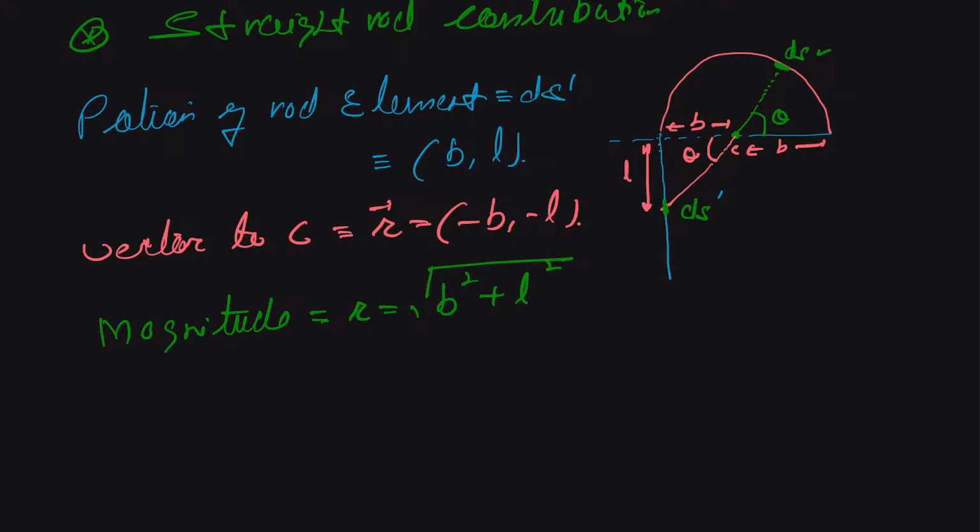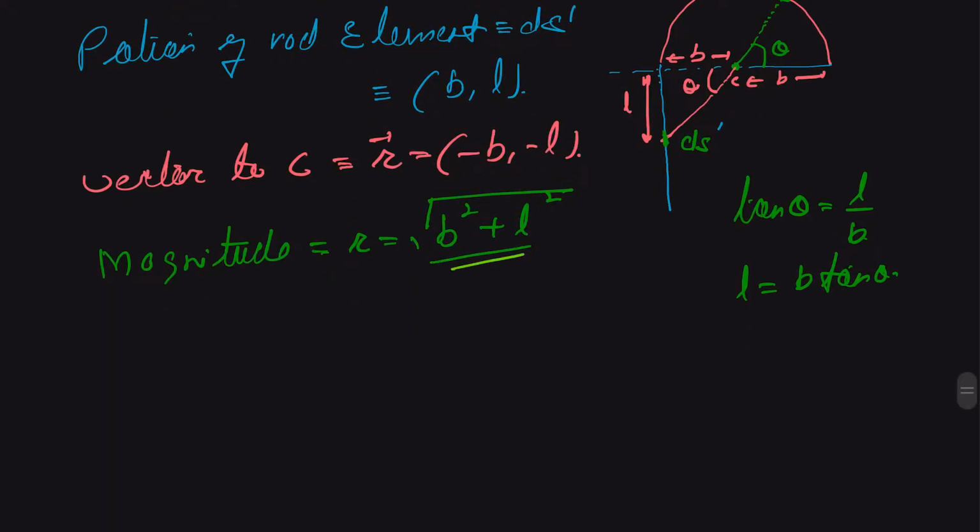Okay. And we can find out a relationship between our b and l. We can say that tangent of theta will be equal to L upon B, or we can say that our L is equal to nothing but B tangent of theta. So we are going to substitute here. So we get that value of R, B will be taken common, so this will be 1 plus tan square, and that is equal to secant square. So this comes as b secant of theta.